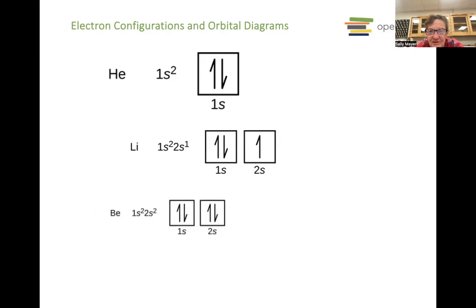Helium would be similar, except you have two: one electron with a +1/2 spin and one with a -1/2. Lithium has the 1s filled and then the 2s with one electron in it. This is just a way to represent the electron configuration. Sometimes orbital filling diagrams give you more information, for example when we talk about whether or not something is magnetic. That will be helpful.